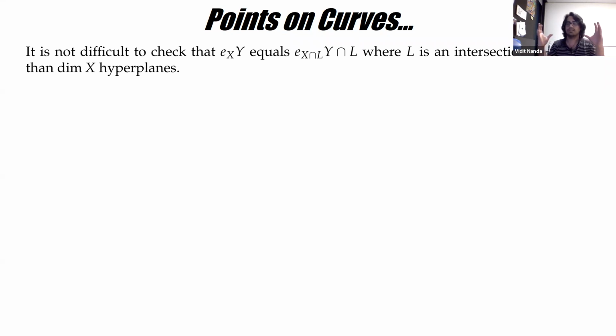So basically you imagine you have X sitting inside Y, and then you cut it with the appropriate number of hyperplanes so that X is just a union of points. And Y is itself cut down to some smaller variety, some section of the old Y, so Y intersect L, and that doesn't change the degree.